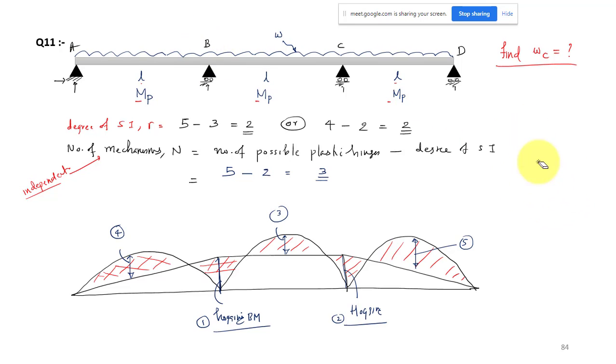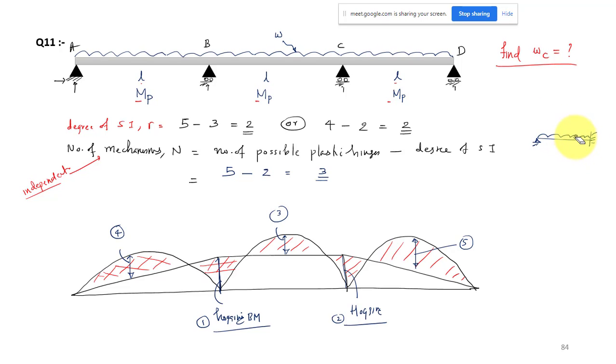There can be a hinge at the support B, and there can be a hinge in between in the span. So this span AB is equivalent to this, a propped cantilever.